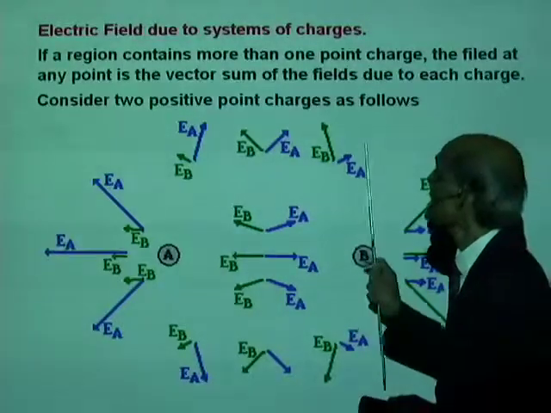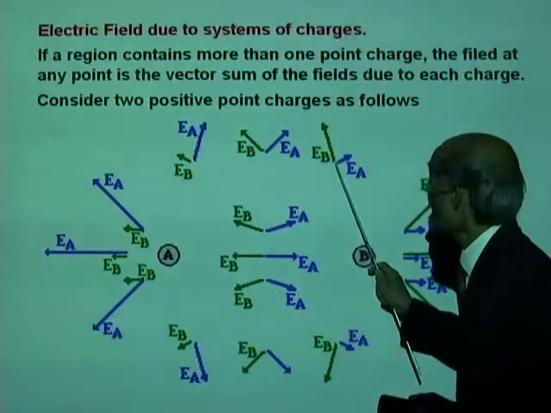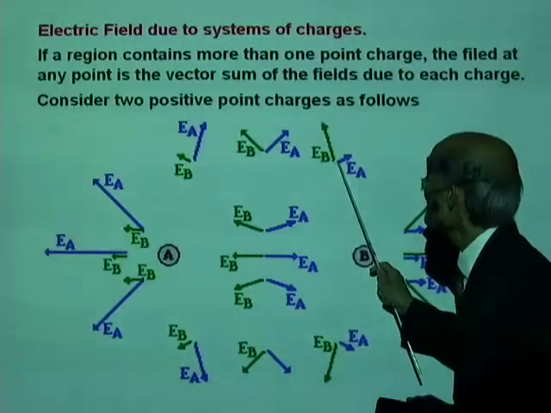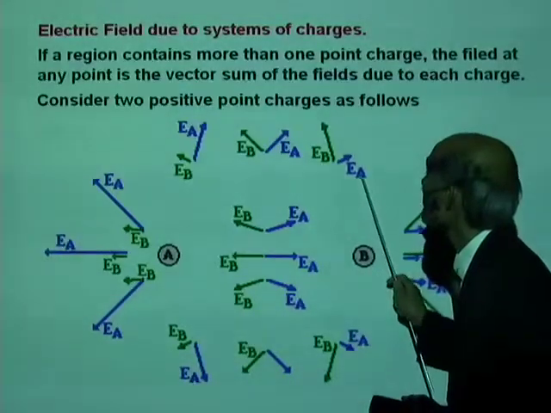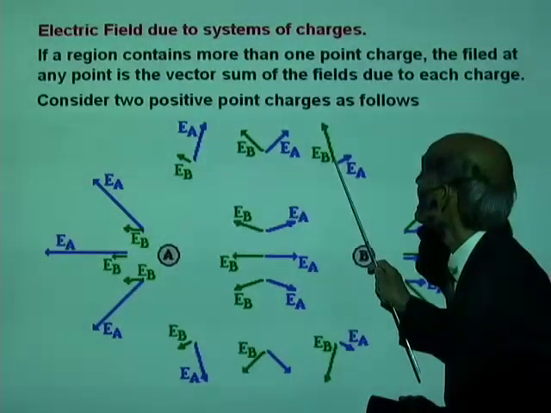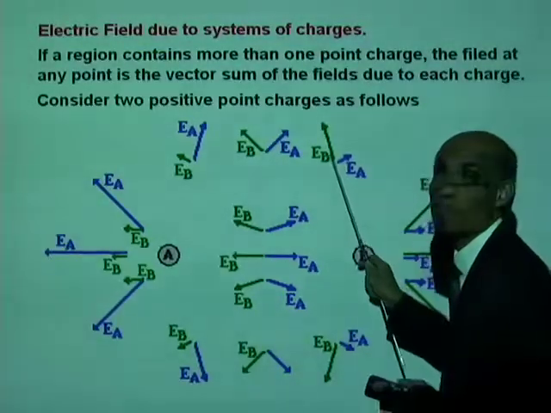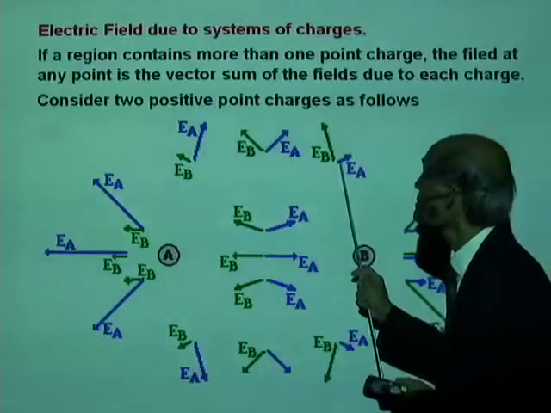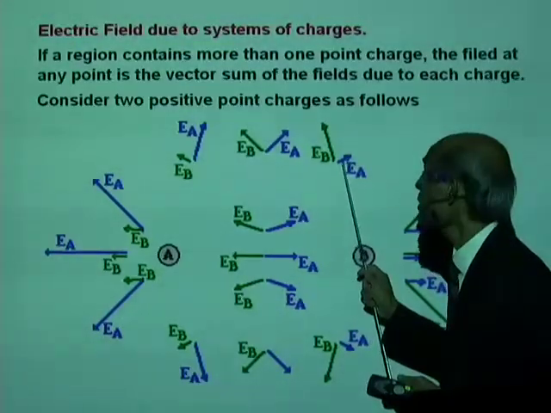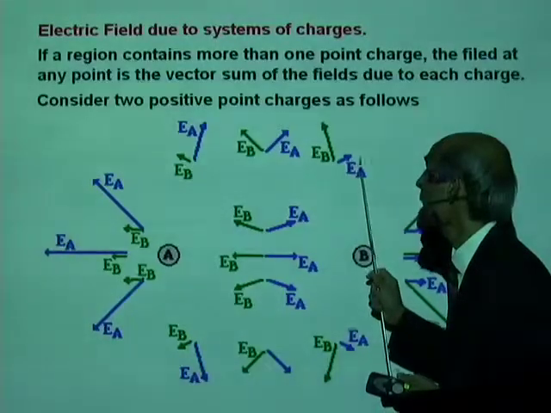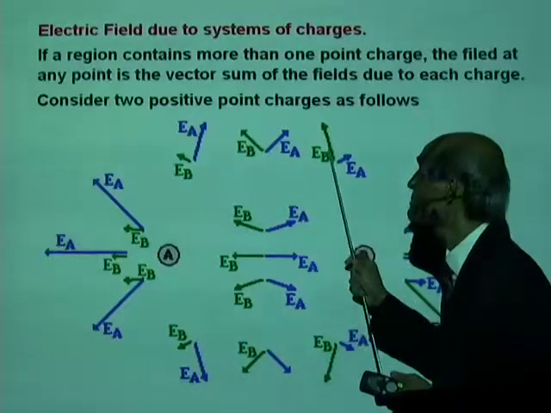That means if you take, say, this point where I'm pointing, there will be a field due to A, I'm going to call it E sub A, and there will be a field produced by B, I call it E sub B. And each of these fields is represented by an arrow. Now tell me, why is the blue arrow E sub A smaller than the green arrow E sub B?